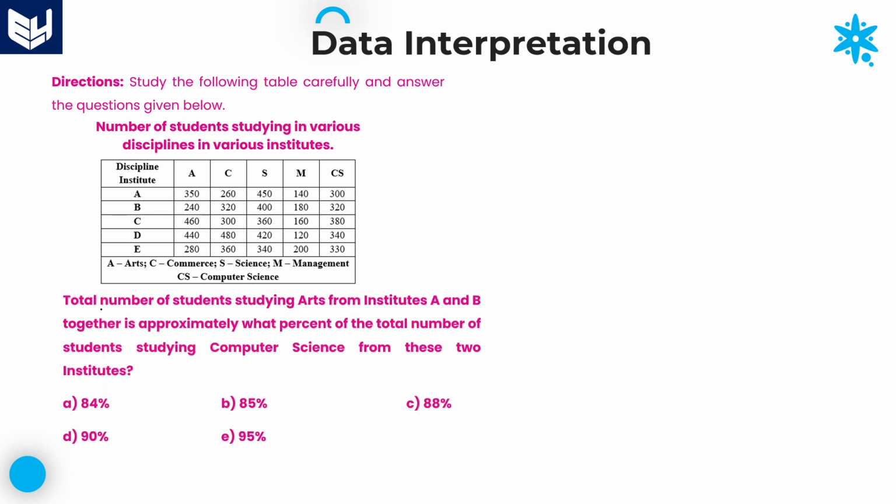Last question in this session. Total number of students studying arts from institutes A and B together. This is arts, the first column, arts A and B together, that is 350 plus 240.